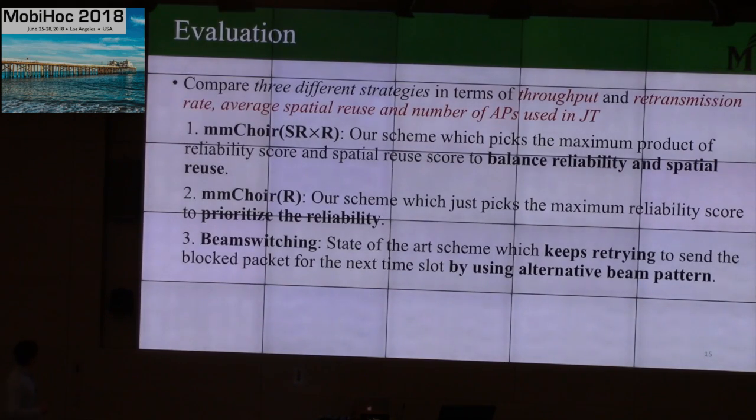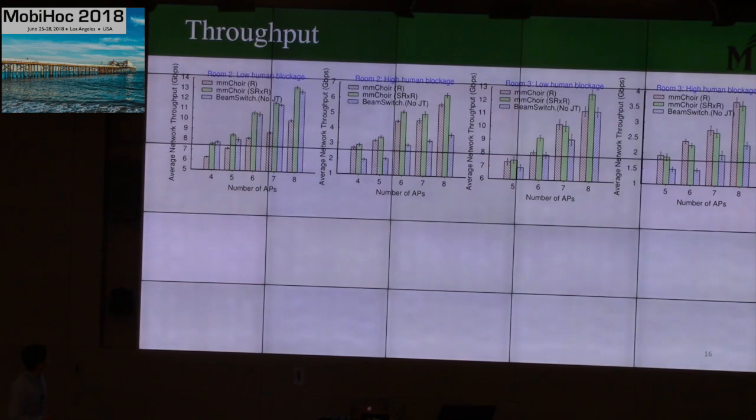And the second strategy is mmChoir R, where we just pick the maximum reliability to prioritize the reliability. And the third scheme is beam switching. It's a state of the art scheme, which we implement as trying to send the blocked packet in the next time slot by using an alternative pattern.